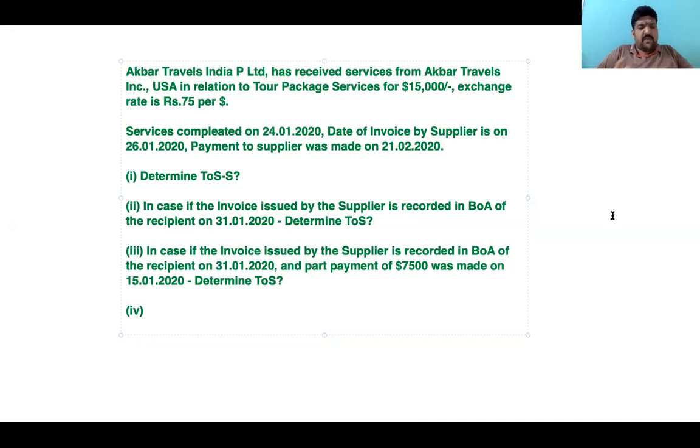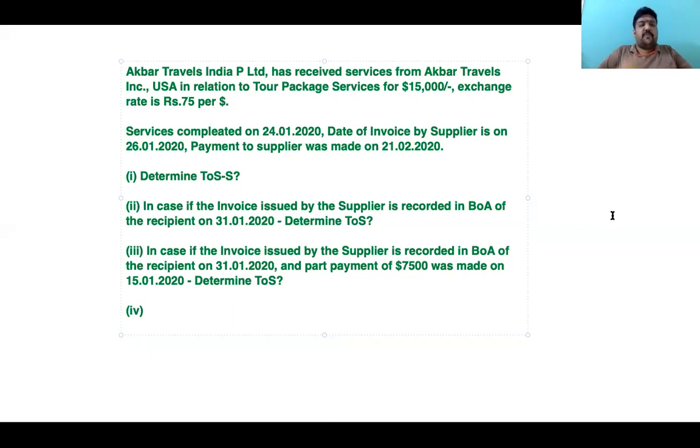So no doubt we will refer to it as import, liable under reverse charge, and 13/3 is applicable. As far as 13/3 is concerned, the date of payment or the day on which the entry is recorded, whichever is earlier. So 15/1/2020, $7,500, on that RCM is payable, no doubt about it.